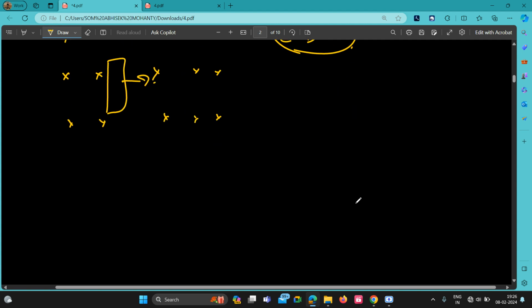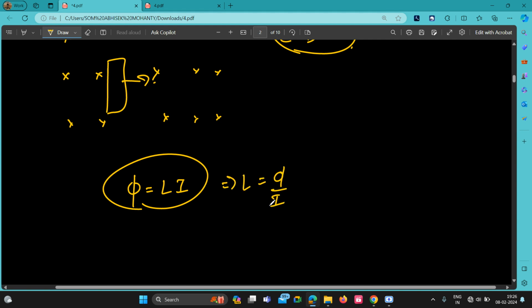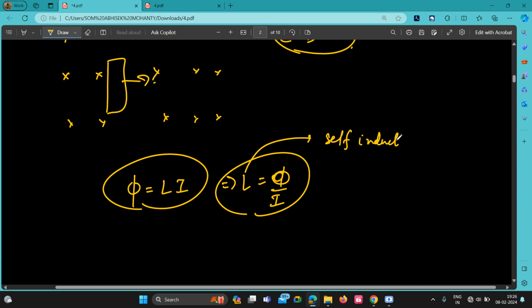Next is self-inductance. The self-inductance relation is phi is equal to Li. This is your L is equal to phi by I. This is the formula for self-inductance. Self-inductance means, suppose this is a coil.